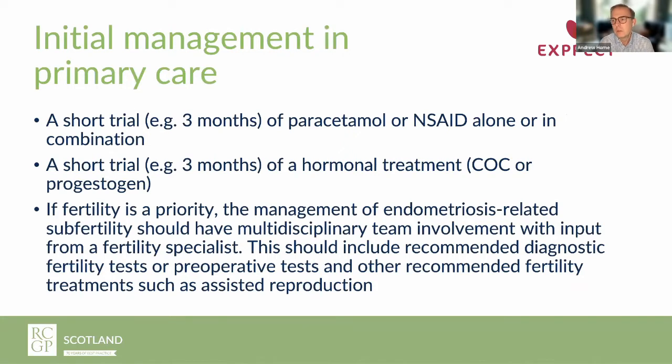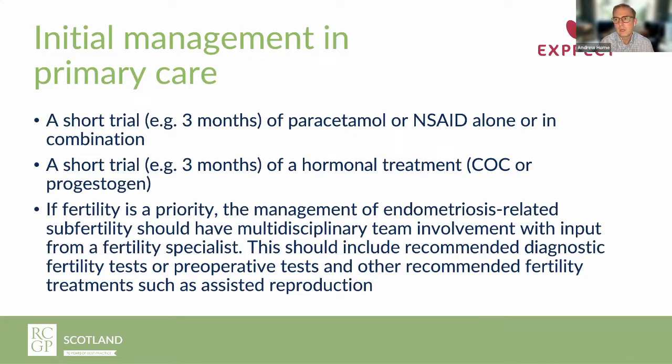What should we be doing if we see a patient in the first instance with symptoms suggestive of endometriosis? Well, it's perfectly reasonable to discuss with the patient that they might have underlying disease, but give them the option of a short trial of treatment.